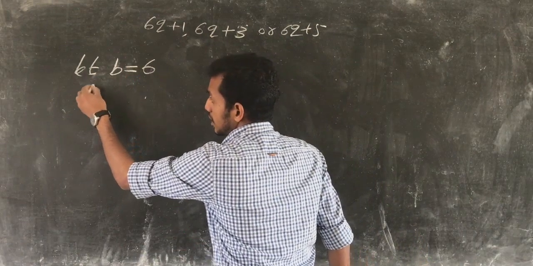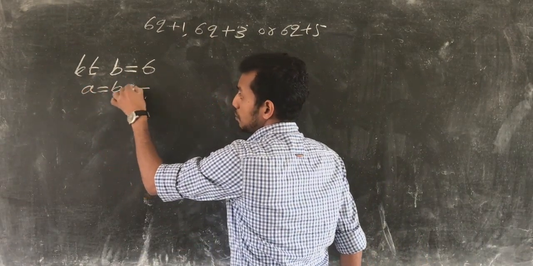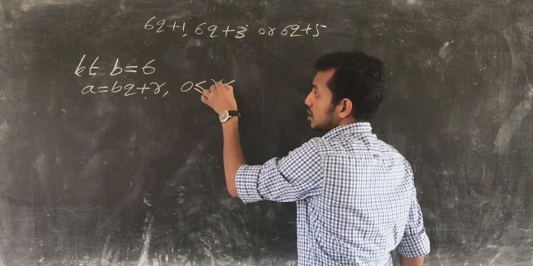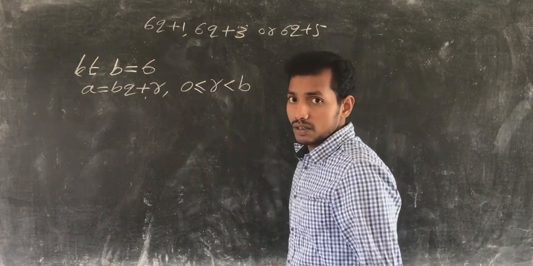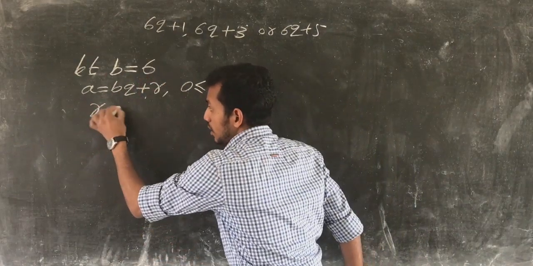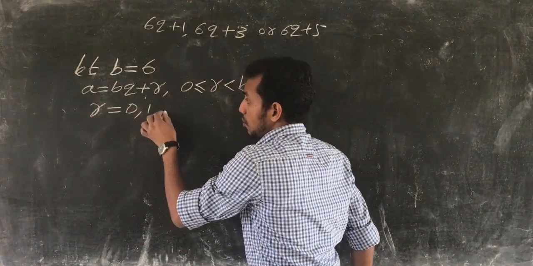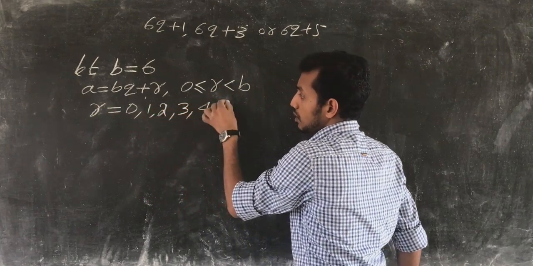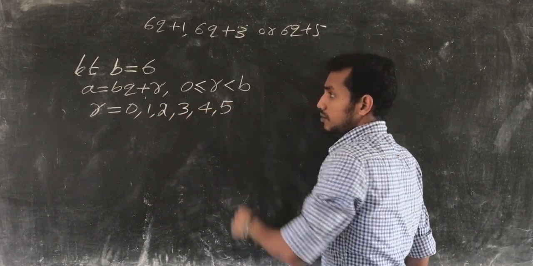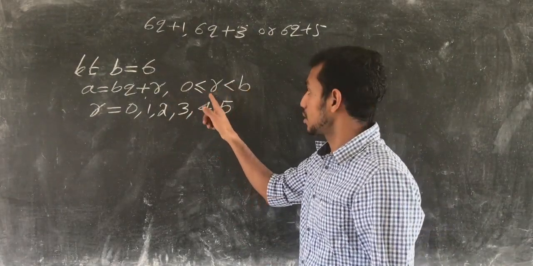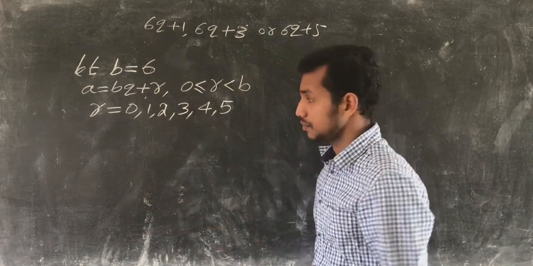What it says is a equal to bq plus r, where r greater than or equal to 0 and less than b. Since b equal to 6, r will be 0, 1, 2, 3, 4 or 5. It cannot be 6 because it should be less than b. That means remainder should be less than 6.